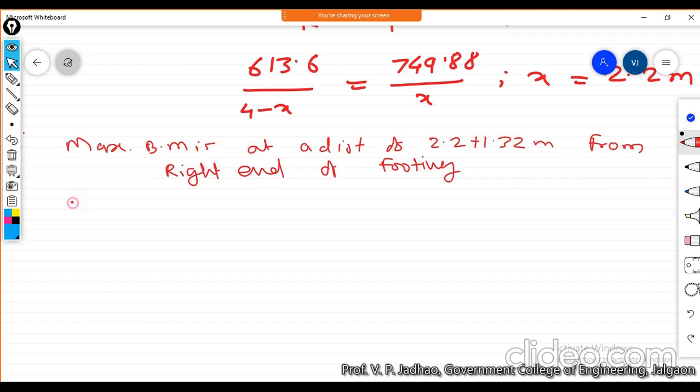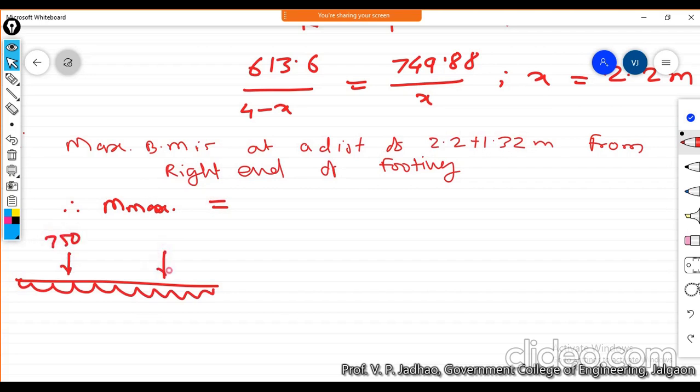Okay, therefore M max, that is maximum bending moment, is equal to, okay, we have our loading diagram like this. Column is here having factored load 750, second column is here having a load of 1200 kilonewton factored load. This distance is 0.4, this distance is 4 meter, this distance is 1.32 meter.